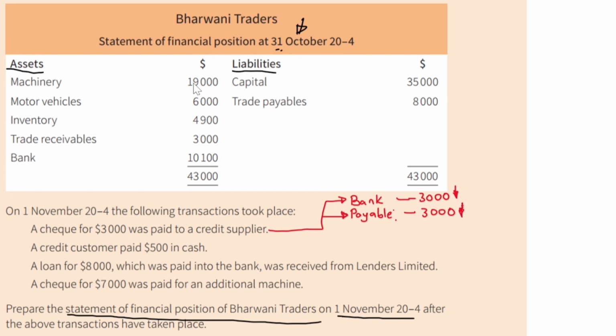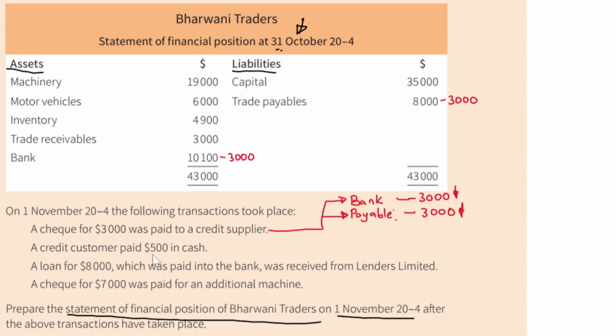So how is this transaction going to affect the statement? A check for 3,000 was paid to a credit supplier. So the bank reduced, minus 3,000, and the trade payables also reduced, minus 3,000. Okay, let's proceed. Moving on to the next.